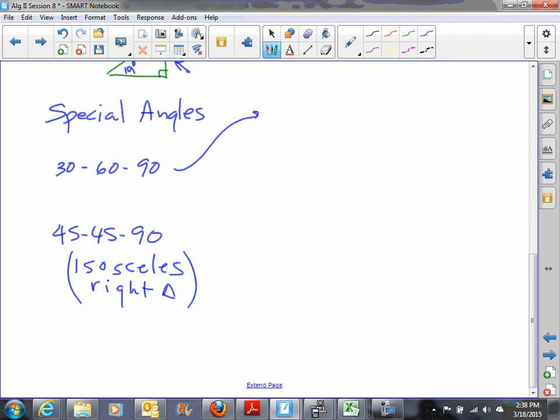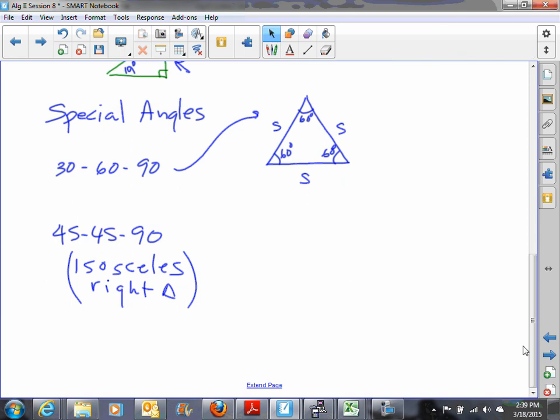Now, the way we get a 30, 60, 90 triangle is we start with an equilateral triangle. If you have an equilateral triangle, all sides being equal, let's just say S, S, S, then all of the angles are 60 degrees. And if we were to bisect one of the angles, so that it came down through this side, it would meet at a right angle here, and this angle would be 30, this angle would be 60, and this would be 90.